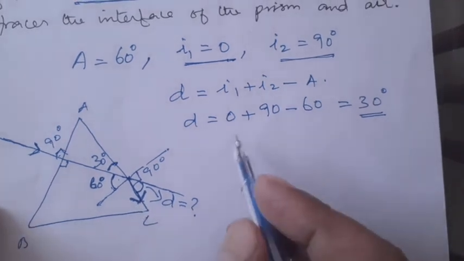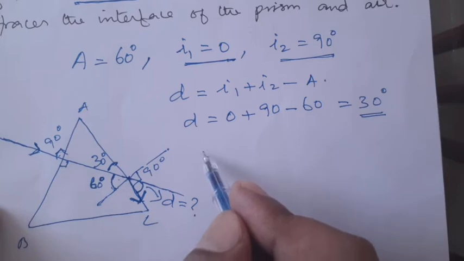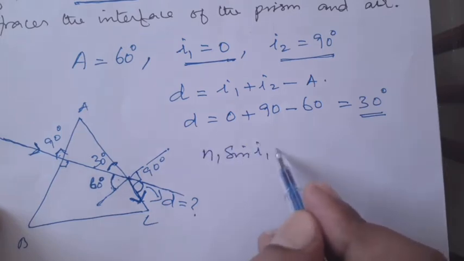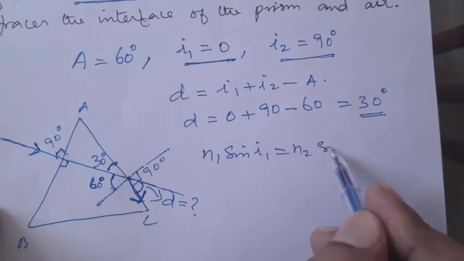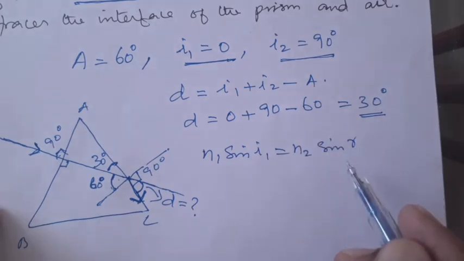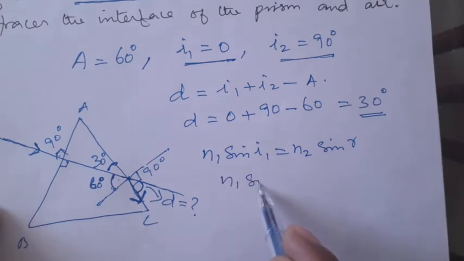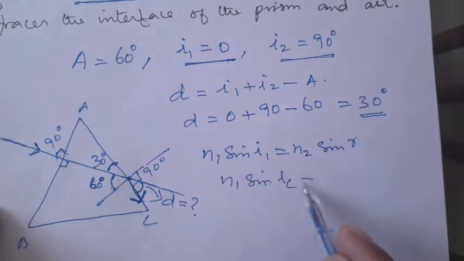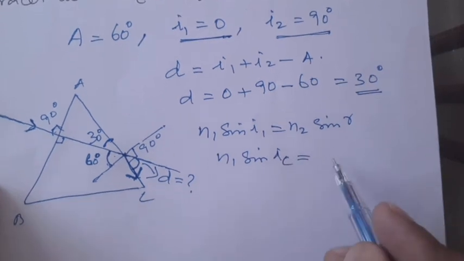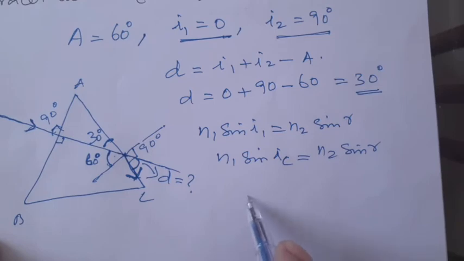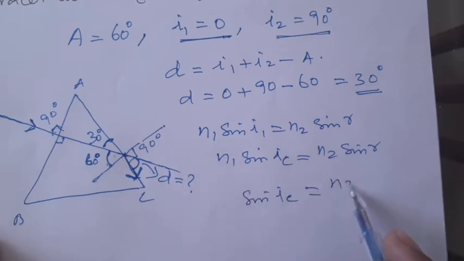Now using Snell's law, the product form of Snell's law is N1 sine of I1 equal to N2 sine of R. Here N1 sine of IC, IC is the critical angle, equal to N2 sine R, or sine of IC equal to N2 by N1 into sine R.